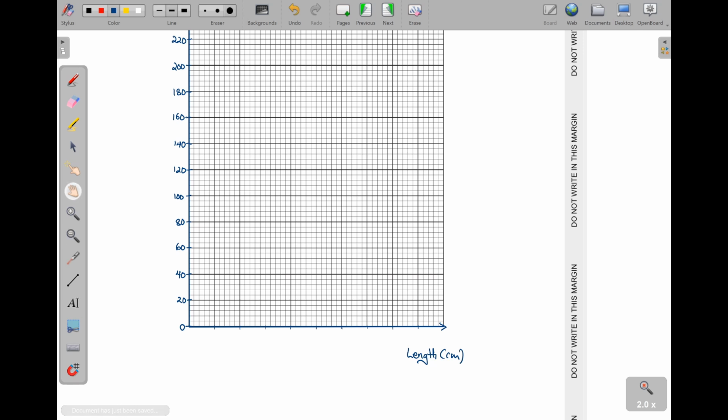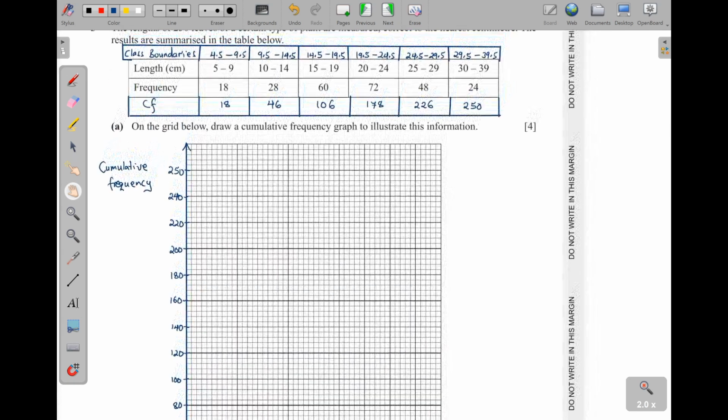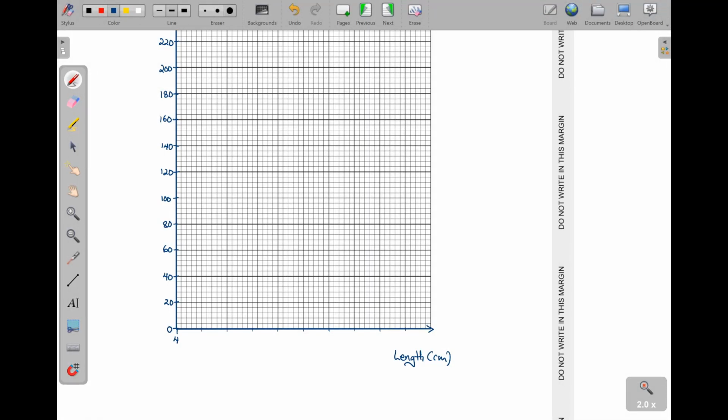Now here I can actually use, since the first upper class boundary is 9.5, then I can put the 4.5 here, then 9.5, then the next one is 14.5. I'm adding 5. So the scale down here has to be uniform. It's not about the class boundaries.